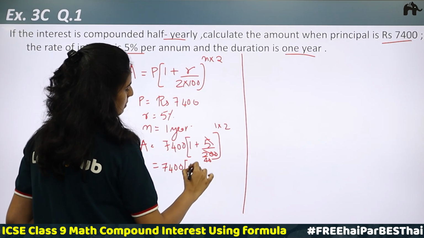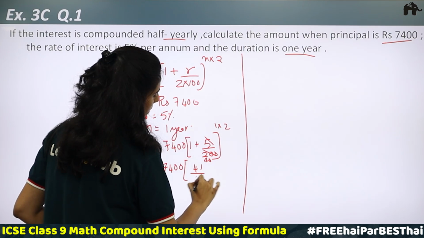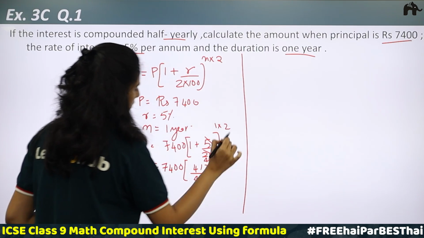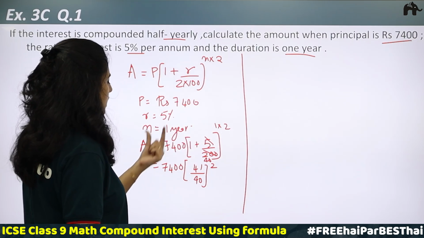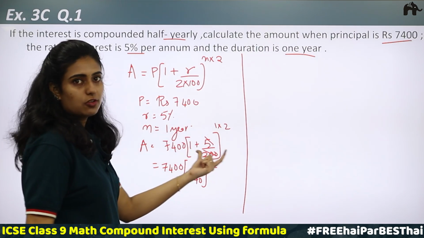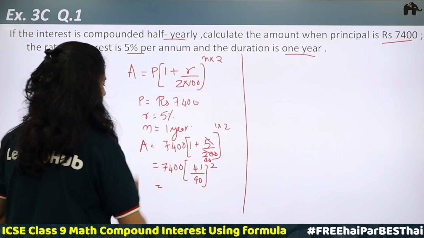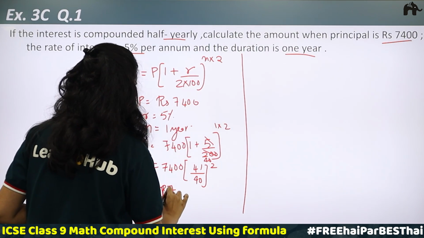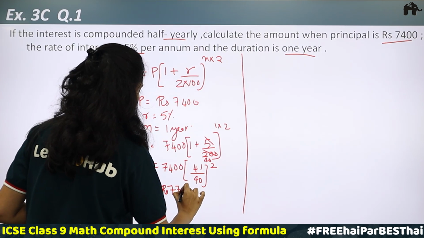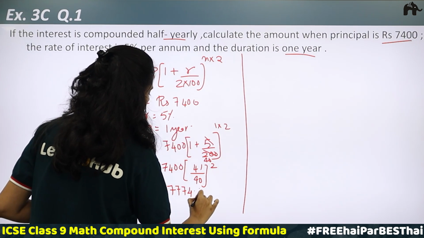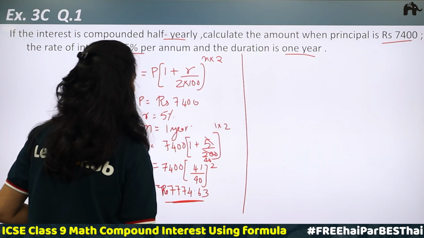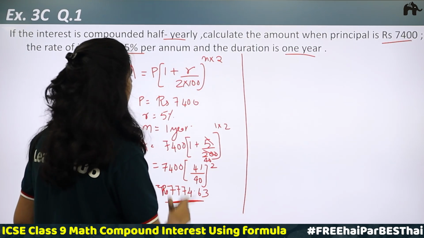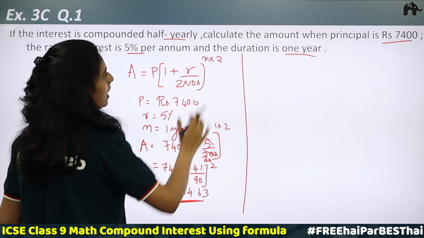So 40 plus 1, 41 divided by 40 whole square. 7,400 into 41 by 40 whole square. That is equal to, when you calculate, you will be getting rupees 7,774.63. So this is the amount. Okay, we are asked to find the amount.